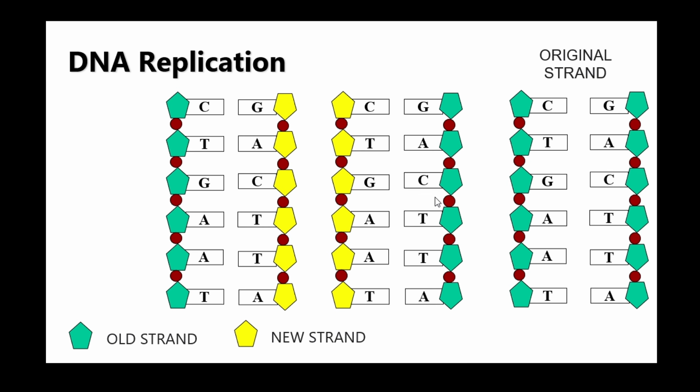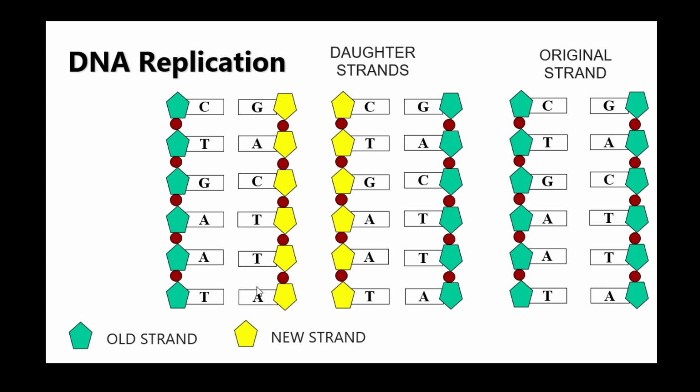Now, after DNA replication, we have two daughter strands, this one and this one. And if we compare the base pairing with the original strand, we can see that they are just the same. We have CG, TA, GC, AT, AT, TA.